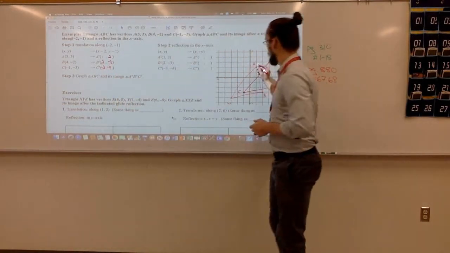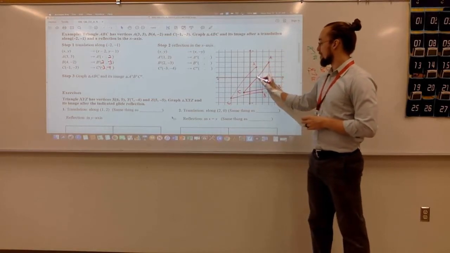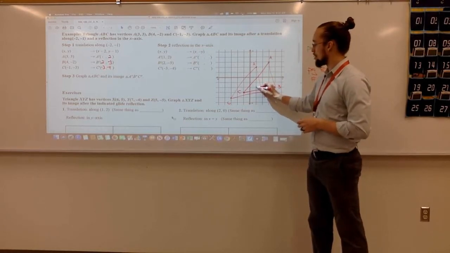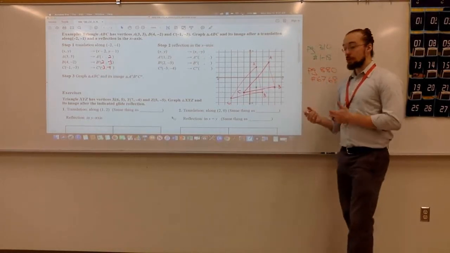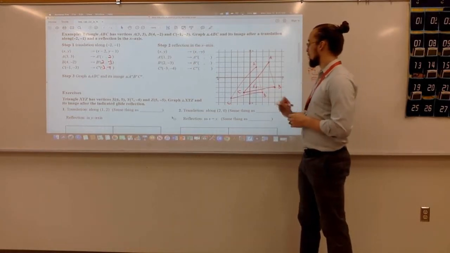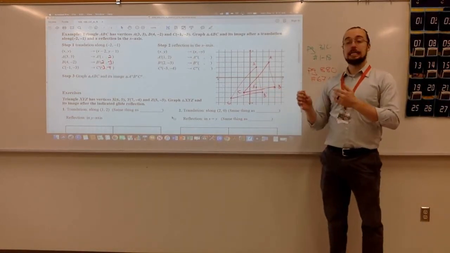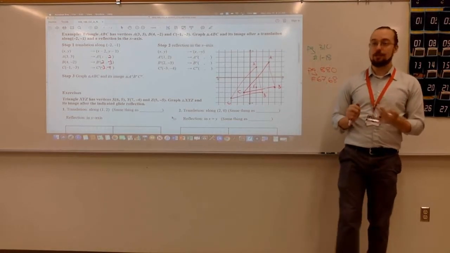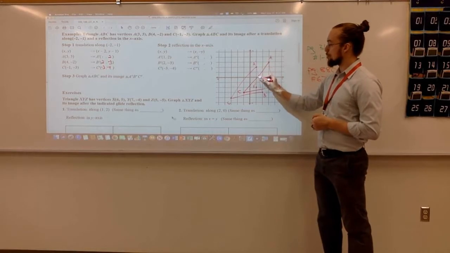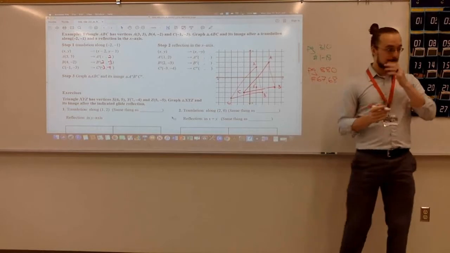So for A prime, I go a distance of 1, 2 to get to that line of reflection. Then I go 1, 2 onto the other side. Again, we need to make sure we're labeling these points, otherwise we're going to get lost. This is now going to be a double prime because this is the second thing I've done to point A. So from A prime, to reflect across the x-axis, I end up down here.